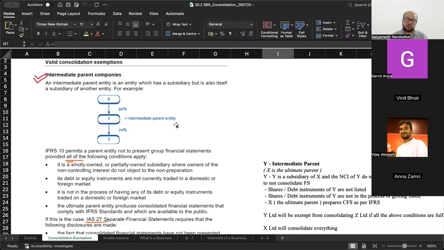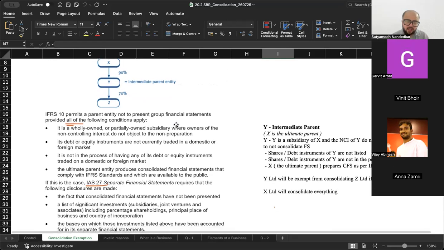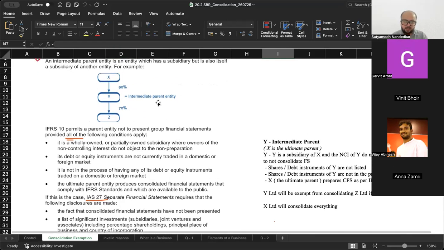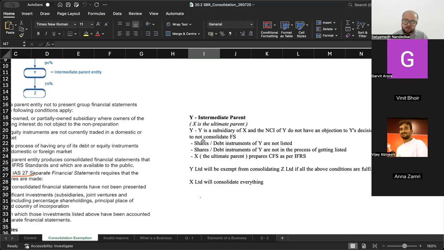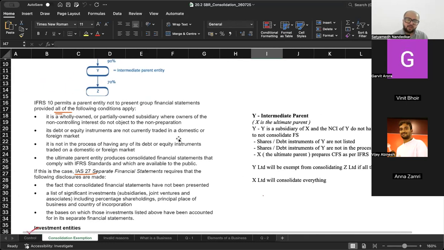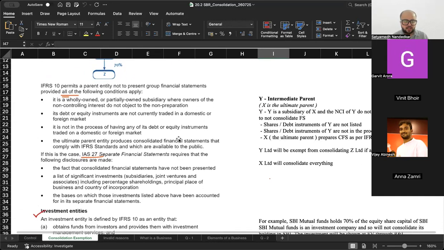The company's debt or equity instruments are not currently traded in a domestic or foreign market, neither are the securities in the process of getting listed. And the ultimate parent, that is X Limited, produces consolidated financial statements as per IFRS standards. In that case, if all these conditions are fulfilled, Y Limited will be exempt from preparing consolidated financial statements.